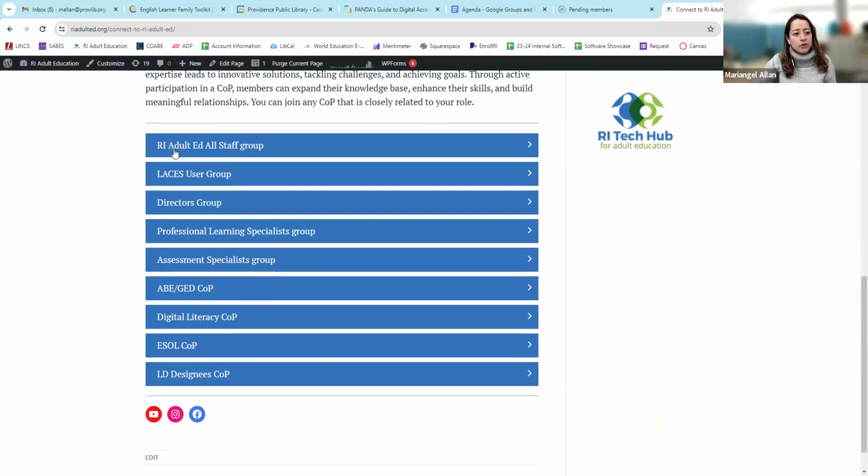For example, the first one, Arrive Adult Ed All Staff Group, LACES User Group. All of the ones that are called group are part of the Google groups. And then we go down to ABE-GED COP, Digital Literacy COP, ESL, and LD designee. So the last 4 are our COPs.